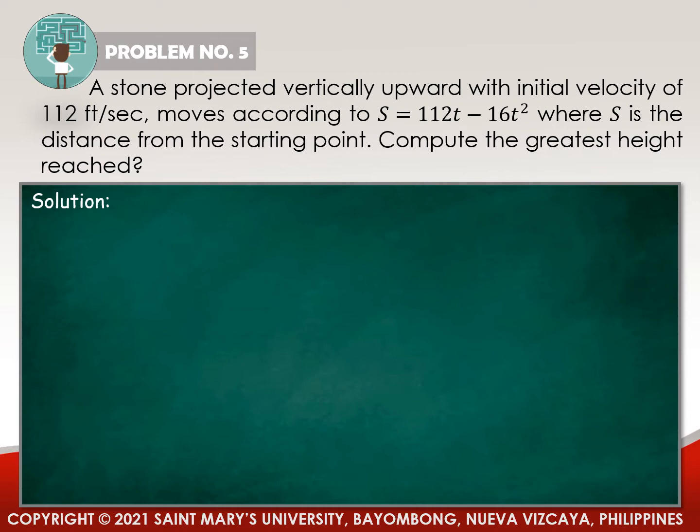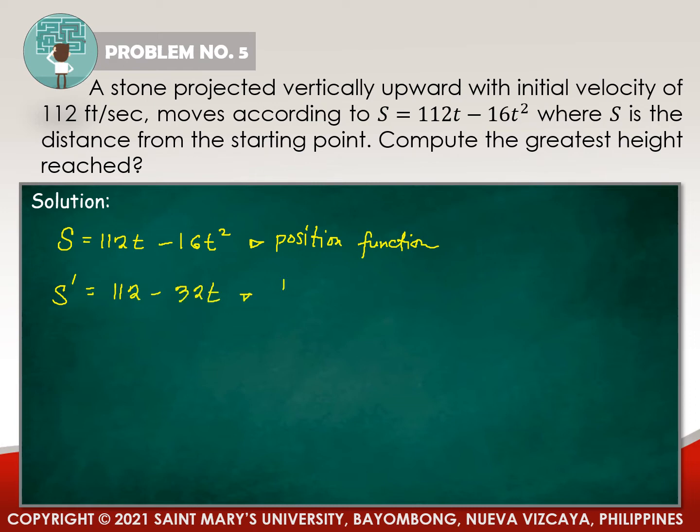The given equation is the position function, s equals 112t minus 16t squared. When we get the derivative of this, s prime, which is 112 minus 32t, this is called the velocity function. We will use this velocity function to find the greatest height attained by the stone.